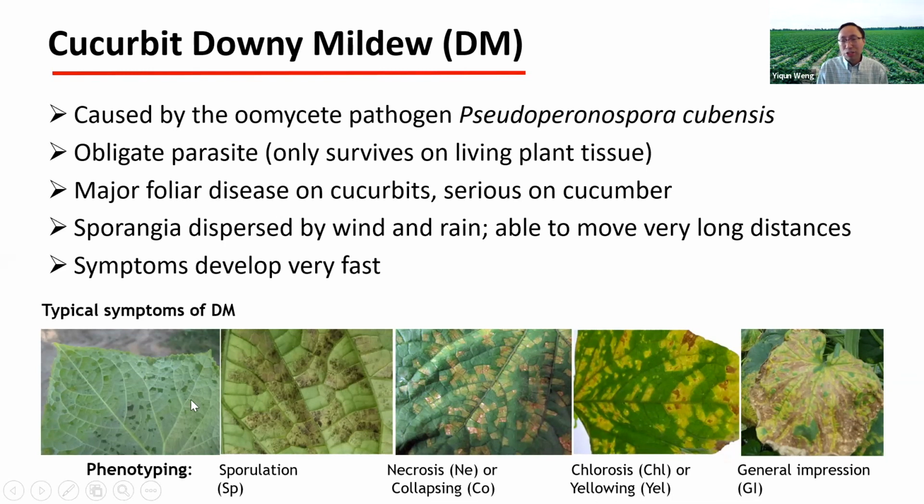We can individually score for symptom development using 3 criteria, but in most cases, we just use what is called general impression, which is a summation of the individual symptoms. So these are very important to understand the underlying genetics of resistance for downy mildew.